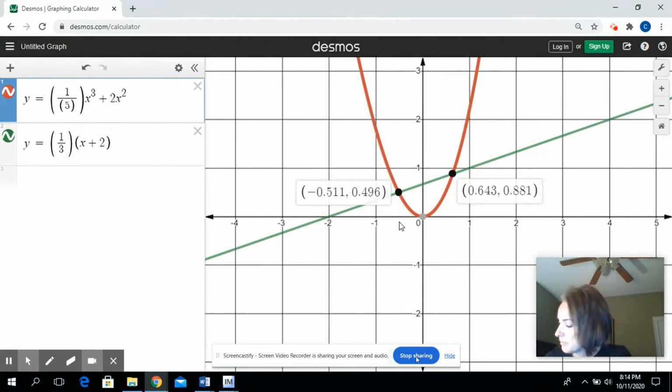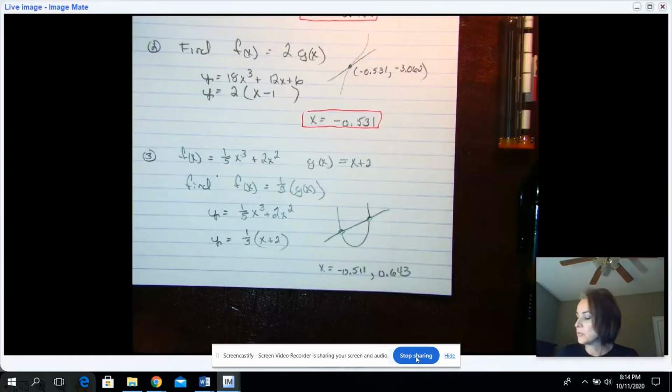So x is negative 0.511 and also 0.643. So what I did was on my paper, I just kind of drew what was happening.